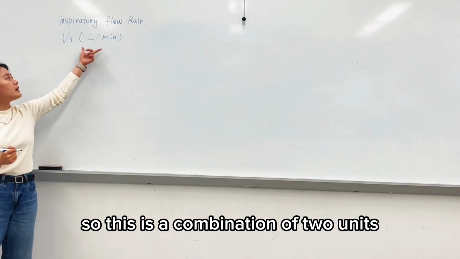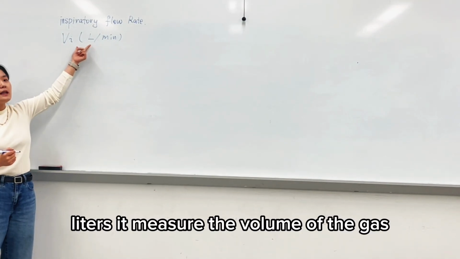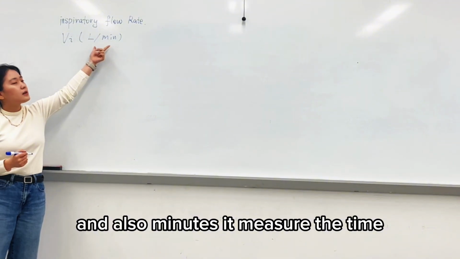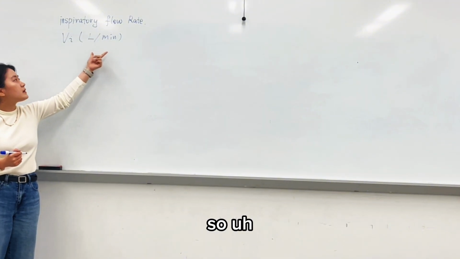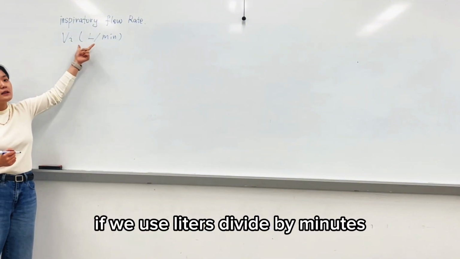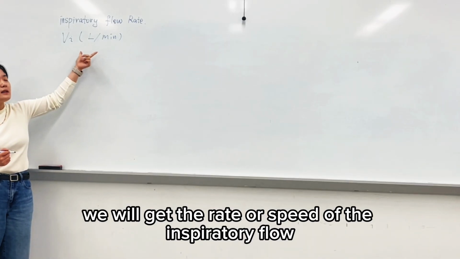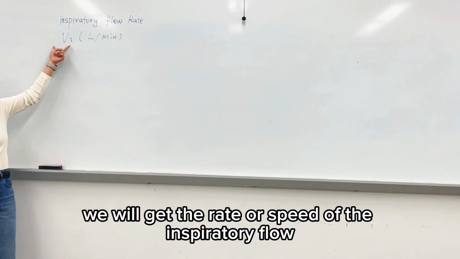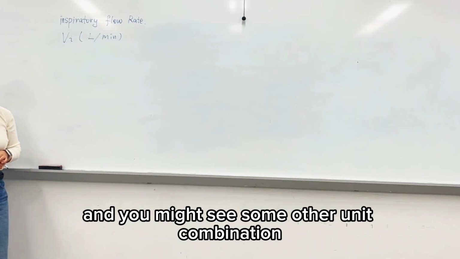This is a combination of two units. Liters measures the volume of the gas, and minutes measures the time. If we use liters divided by minutes, we will get the rate or speed of the inspiratory flow.